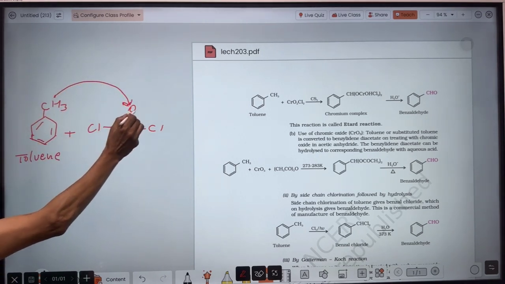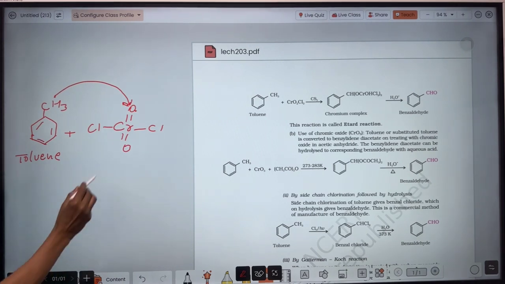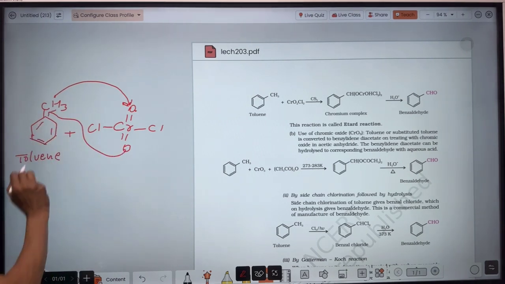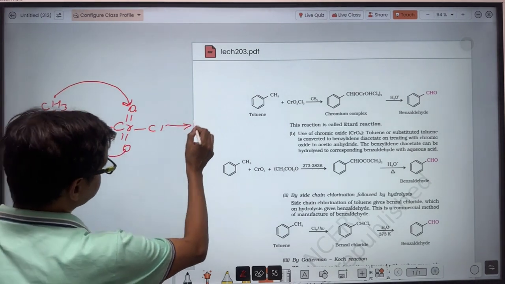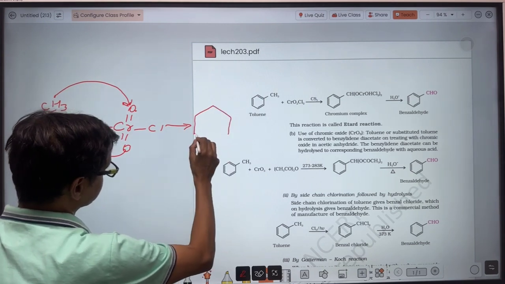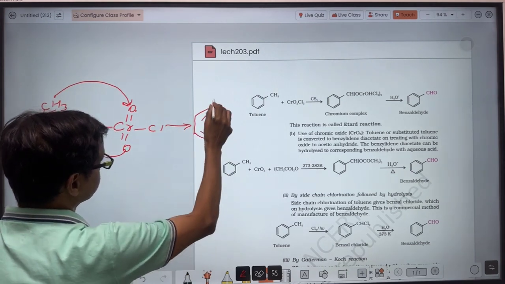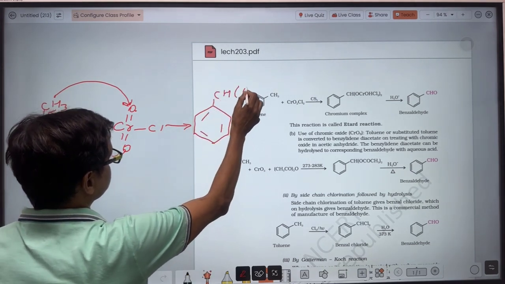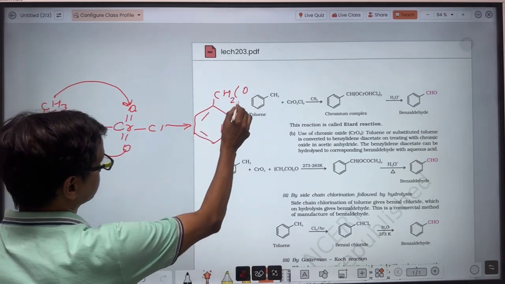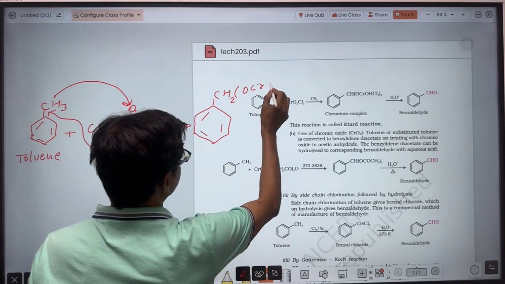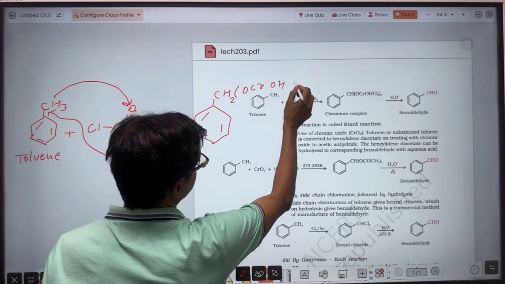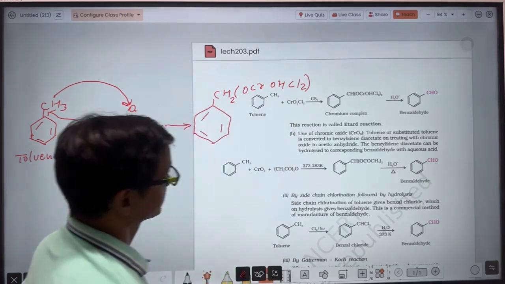So this oxygen becomes OH, and the other oxygen will get bonded to this carbon. So the compound becomes this one.